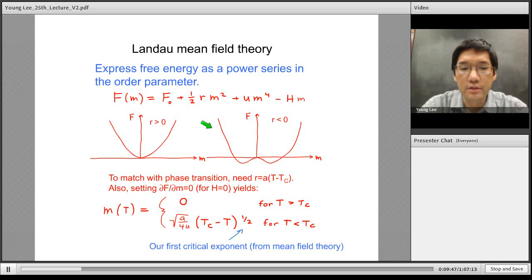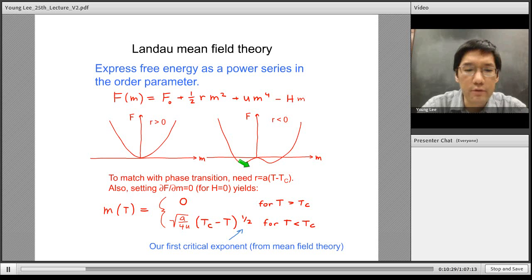For the opposite sign of r, you get this functional form, and if you see where the minima are, you get two minima now, and they are at non-zero values of m. If you want to match this with a phase transition, you can make the connection between r and the temperature, or the deviation of the temperature from Tc. If we make this connection r equals some constant a times T minus Tc, then this is describing our continuous second order phase transition.